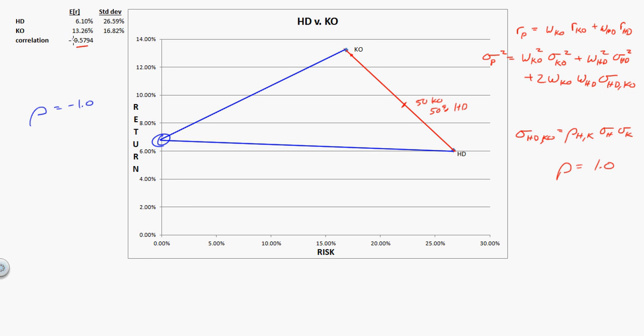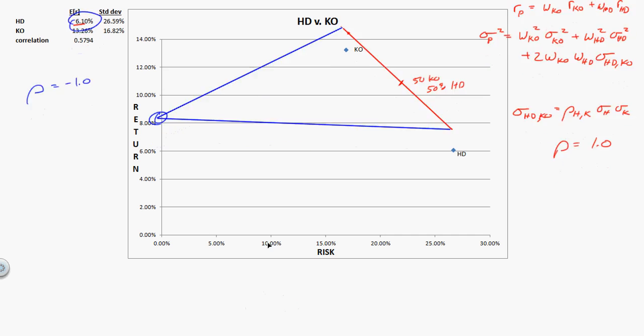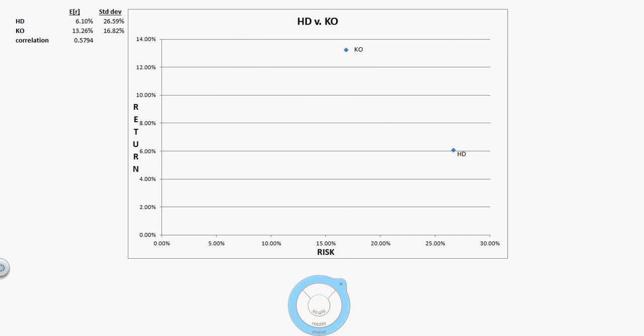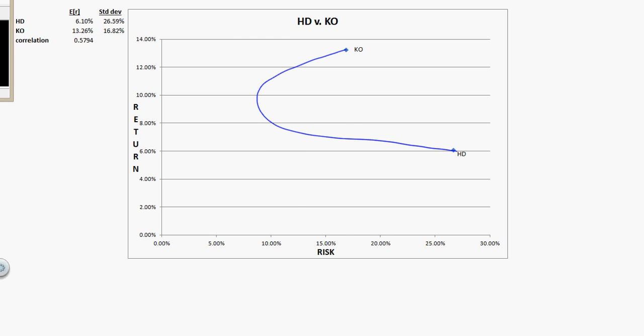However, we're somewhere in between. Our correlation is 0.5794. So what happens is we're going to have something that looks something like that. And let me show you the precise drawing from Excel.